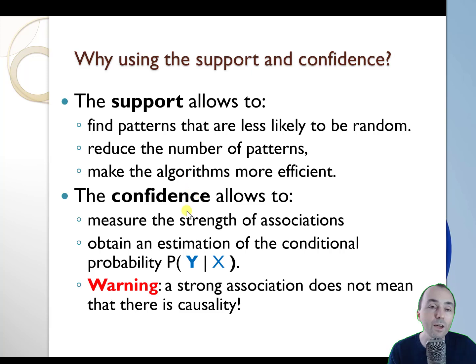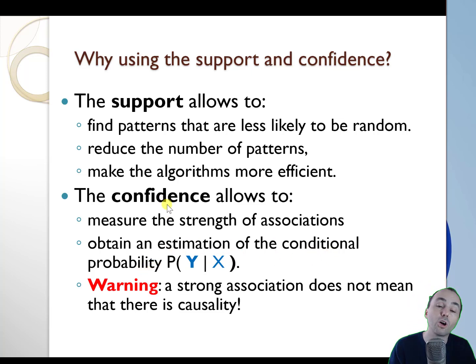Now, why do we use the confidence? Because the confidence will tell you how strong is the relationship between two items. If you buy pasta, how likely is it that you will buy the bread. Okay, we can calculate. So the confidence is like the conditional probability.